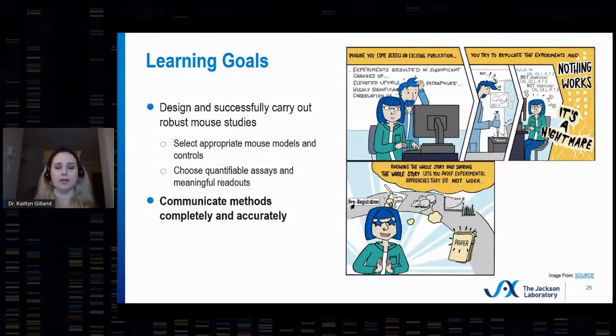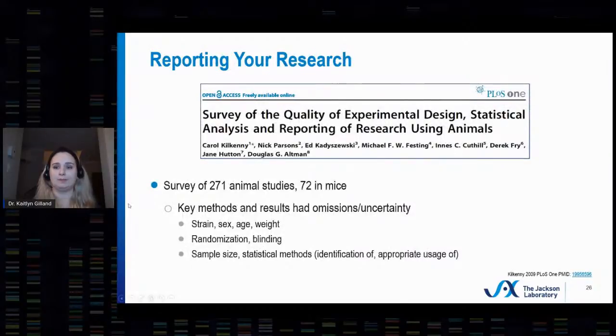And so finally, in our last few minutes here, I want to quickly discuss best practices for communicating methods. So here in this example, there was a survey of 271 publications, with 72 of these studies conducted in mice.